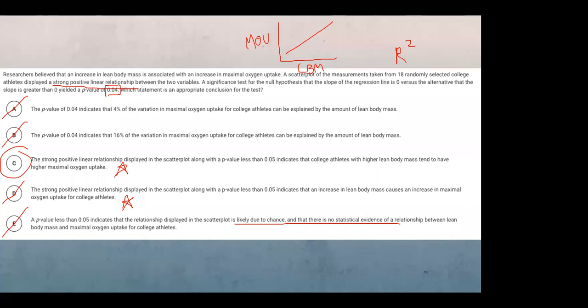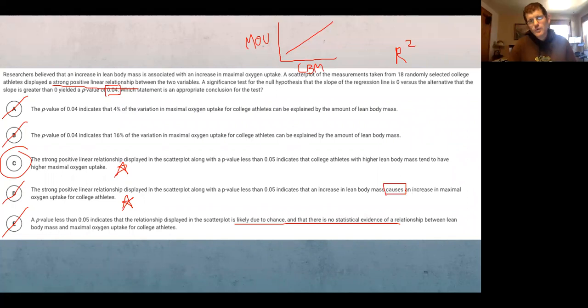Maybe because they say lean body mass causes an increase, but in reality, it just comes with the other. Yeah. Well, and we haven't set up an experiment. This isn't really something you could set up an experiment for. You can't randomly assign someone to have lean body mass of this amount and someone to not.